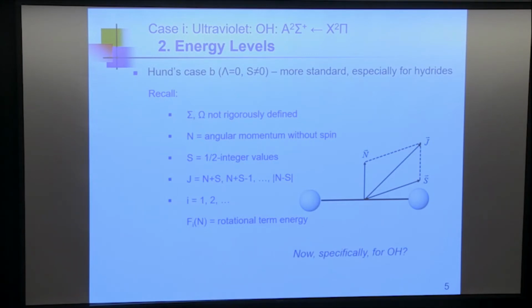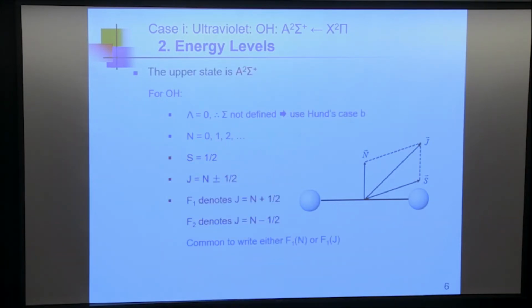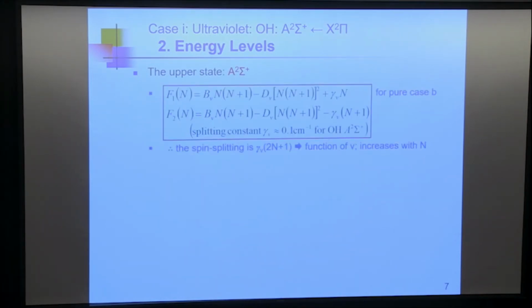So we have F1, F2. J is N. You only have to remember one of these. I always remember F1 is J equals N plus a half. And the others follow. So that just means that I have energy expressions for the two cases, F1 and F2.